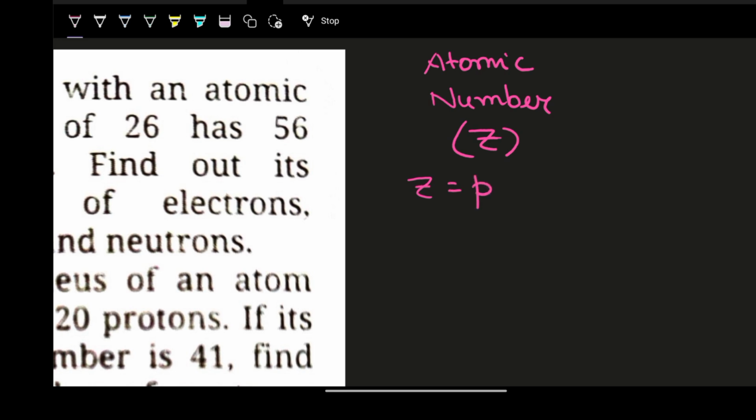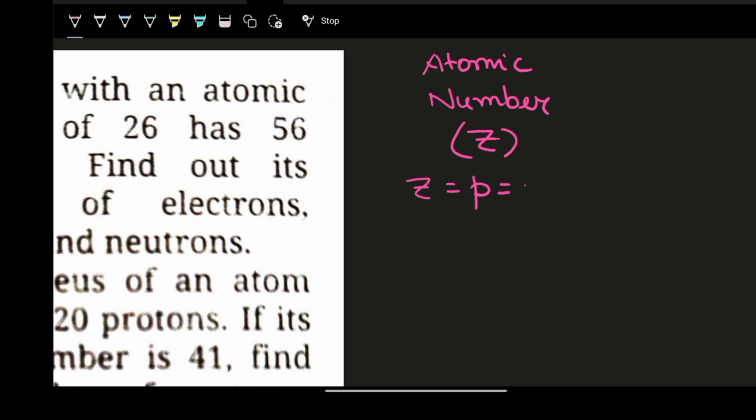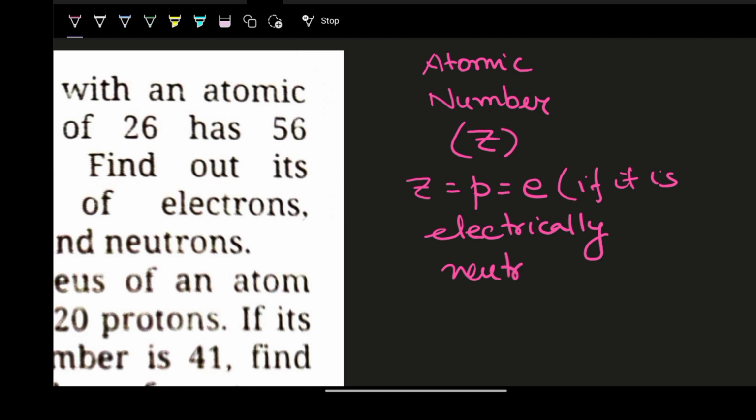Now, if the atom is electrically neutral, that means it is not a charged entity, so the atom will have the same number of protons and electrons.